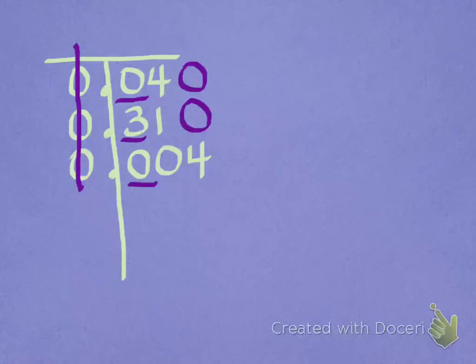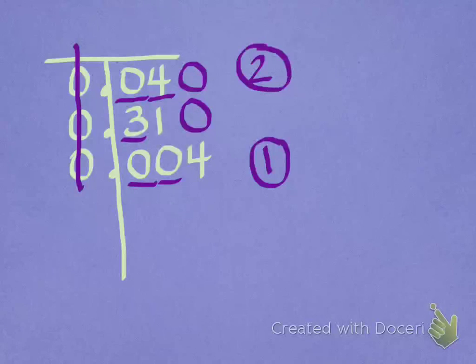I'm looking at the first column, and I'm looking for the smallest digit. Well, I have 2 decimals that have zeros. So now I need to go to the next place. And now I'm looking at a 4 and a 0. So this decimal right here is going to be my smallest. This one would be my second smallest.